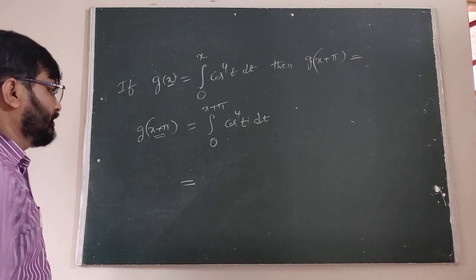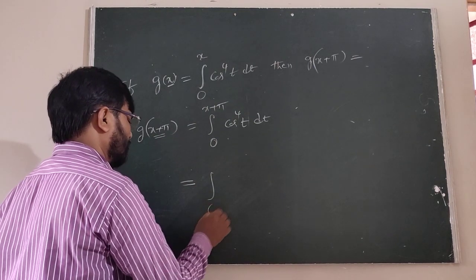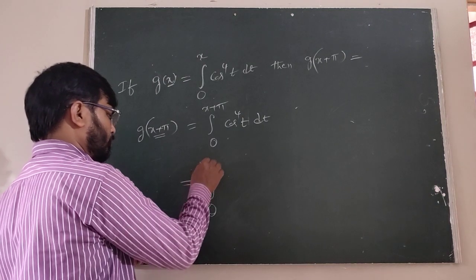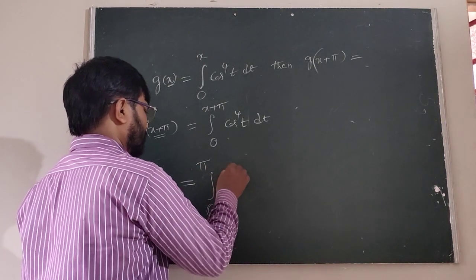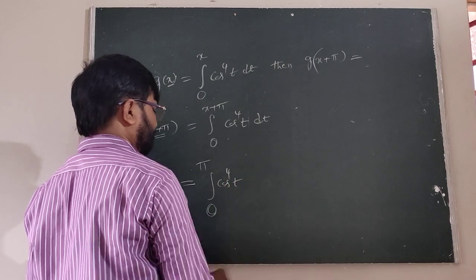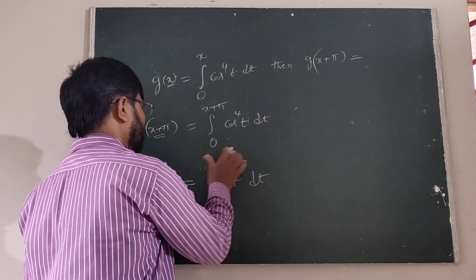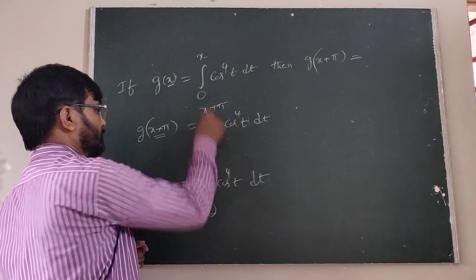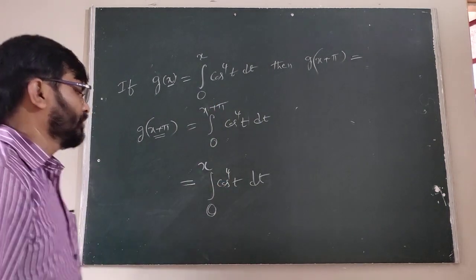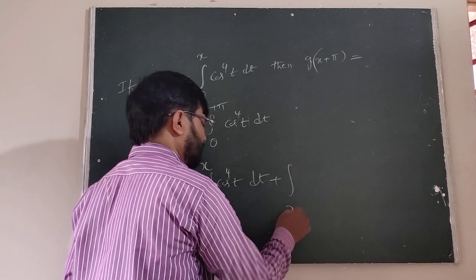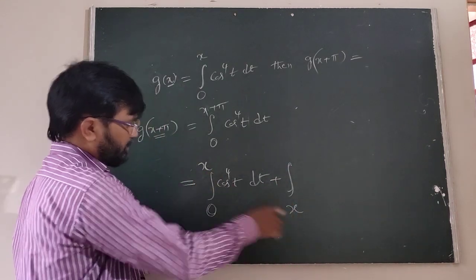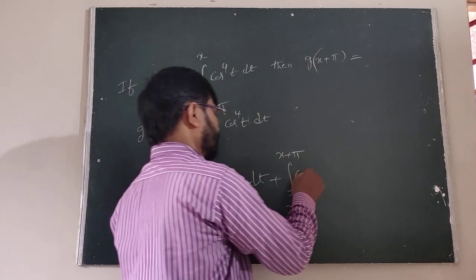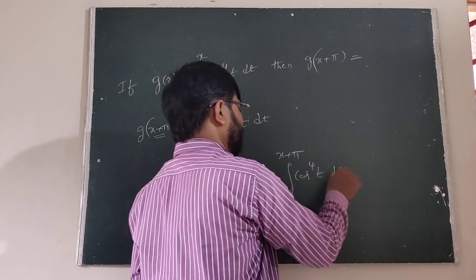Now we write here, all of you listen here, the integral 0 to x of cos power 4t, then we have to take x plus 5, cos power 4t dt. Is it clear?